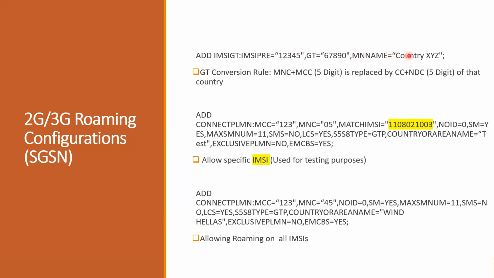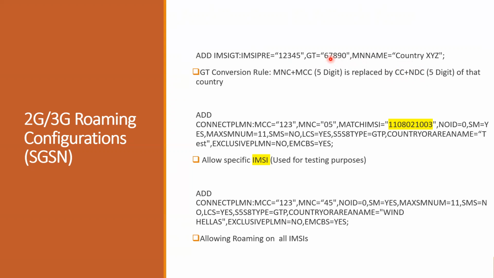What this GT conversion rule does is that it takes your MCC and MNC, which is a 5-digit code, and replaces it with a CC and NDC, which is also a 5-digit code of that country. Because your CC and NDC, which is your global title, is universally recognized.